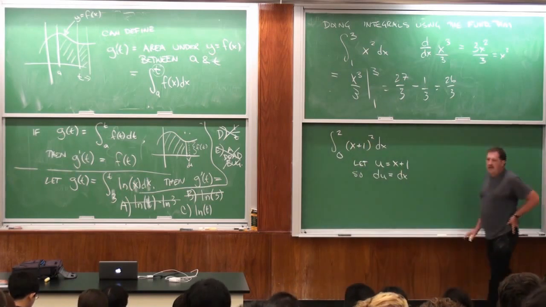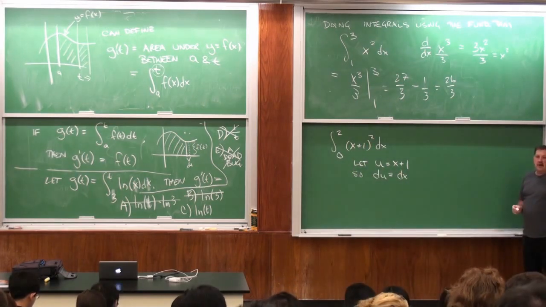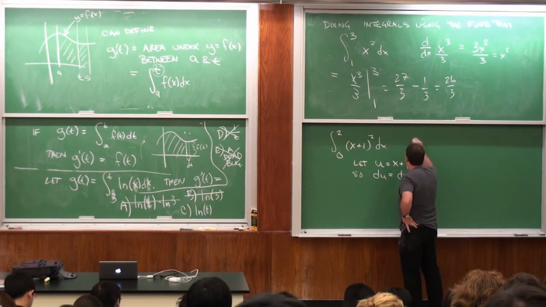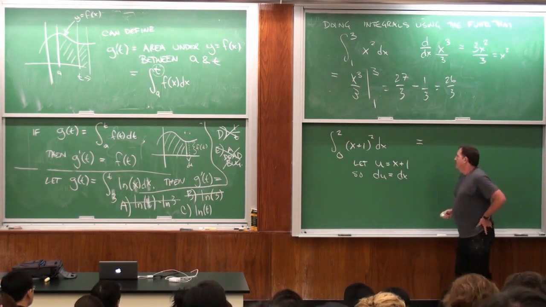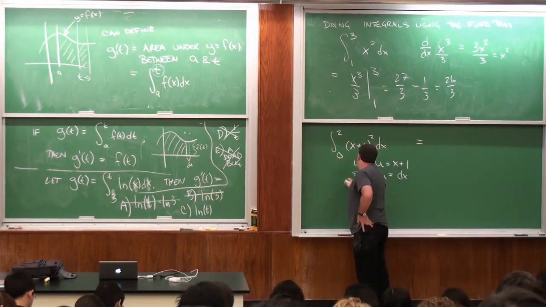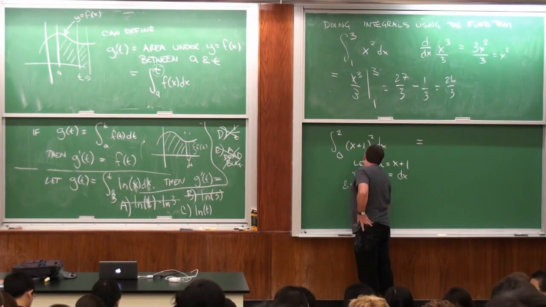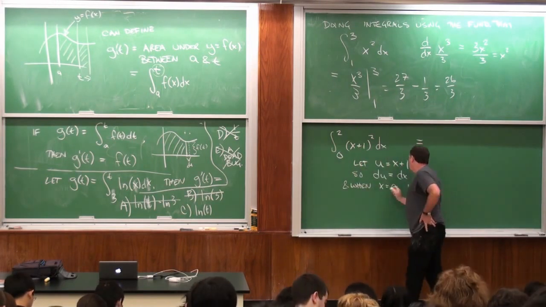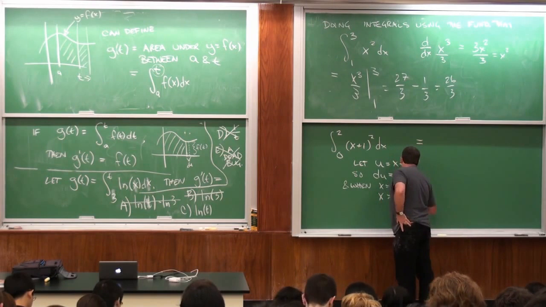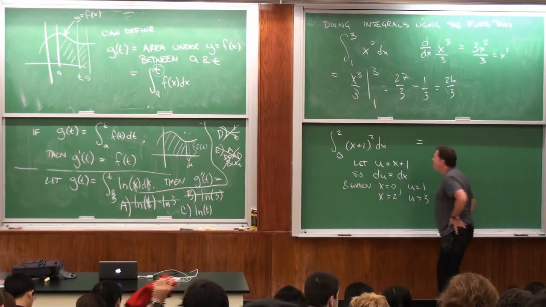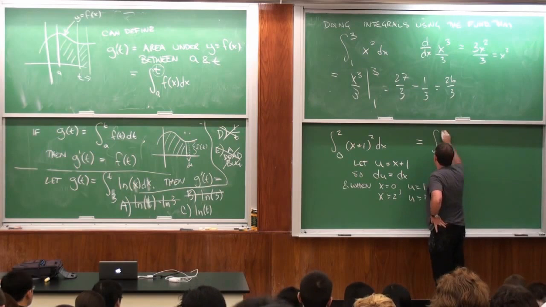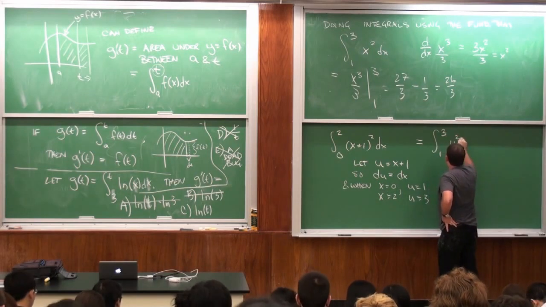And then the differential here, when I change x a little bit, u changes by the same amount. And so that means that this becomes, and so also when x is 0, u is 1, and when x is 2, u is 3. So in terms of u, this becomes the integral I just did.